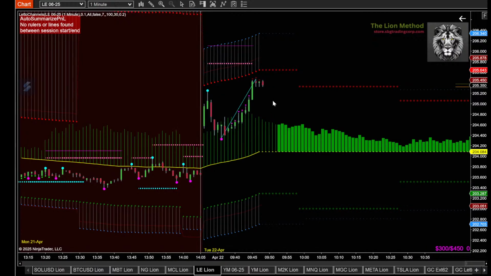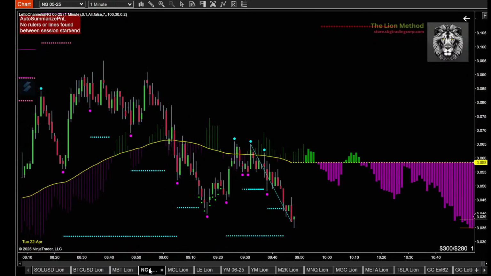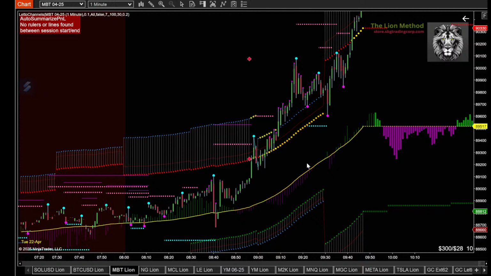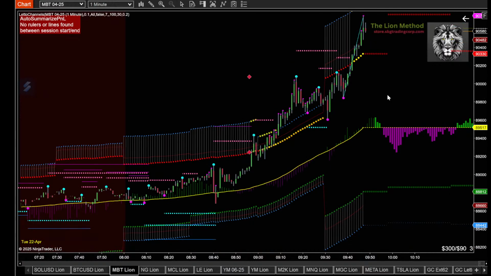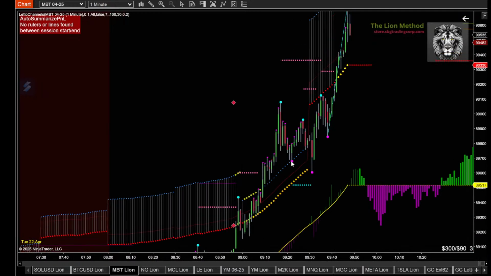That would interest us. MCL is doing nothing. Nat gas doing nothing. Micro Bitcoin continues to go north. So here was a losing trade, got to admit it. Good overbought area, go short here, immediately reversed out of it, so we took our loss.